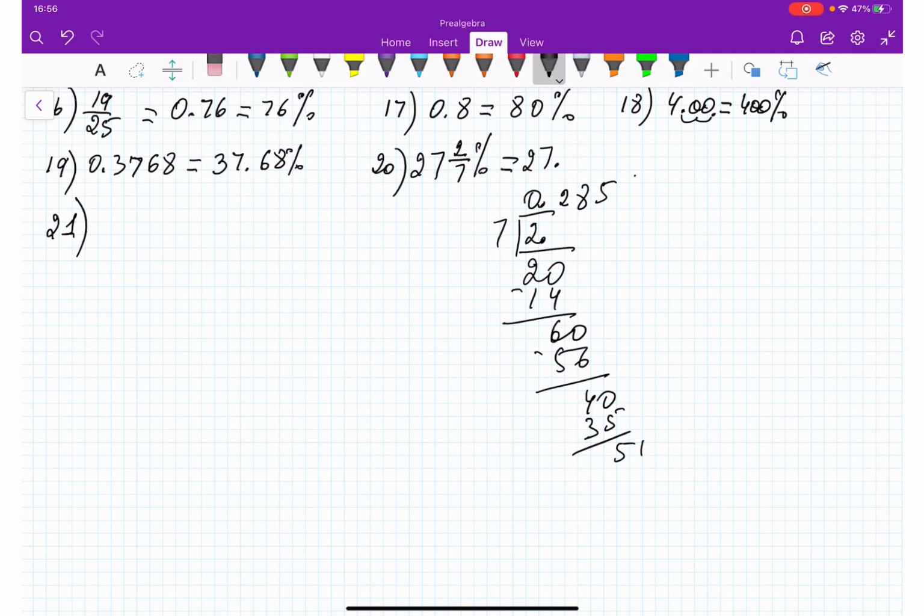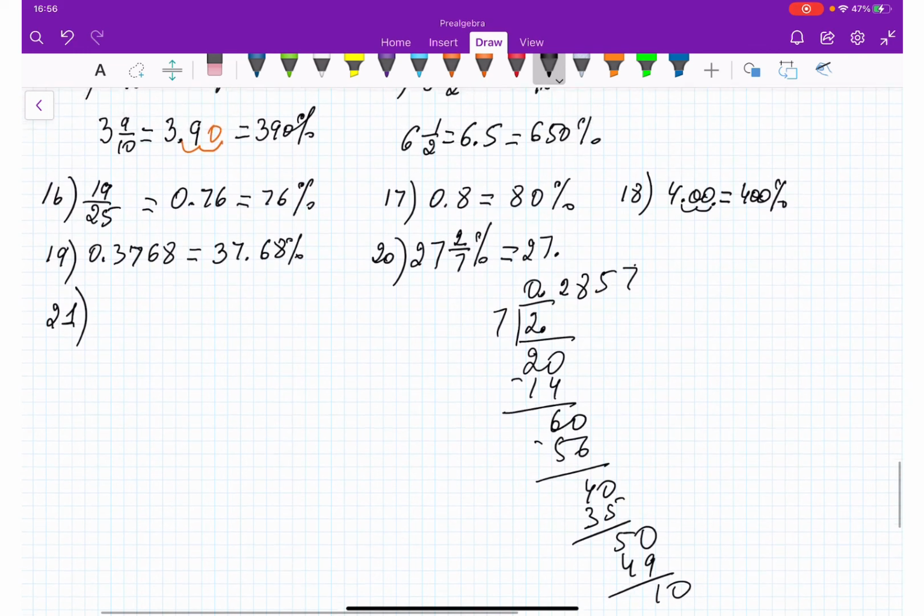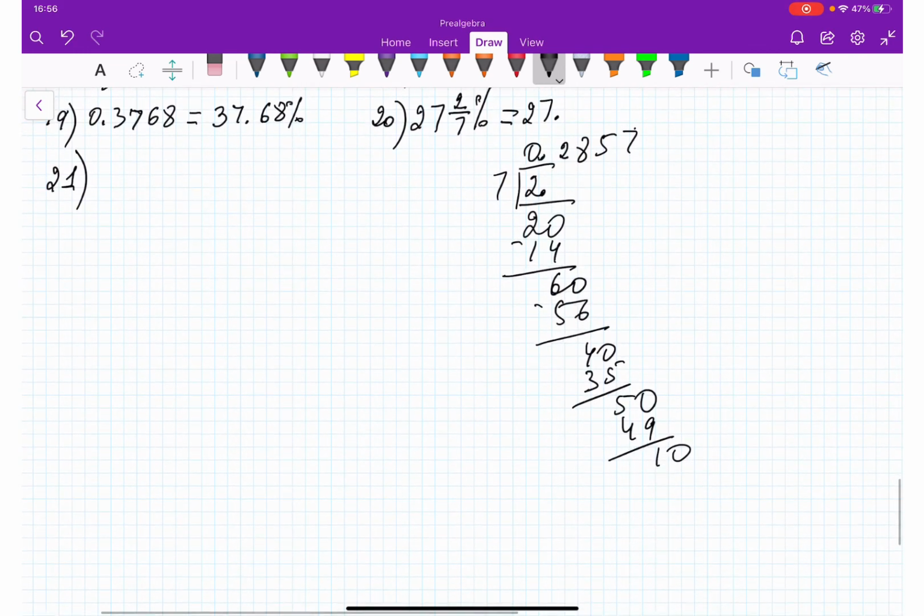And then 50, it's going to be 7 times 49. 10 by 7, it's going to be 1, 7. Okay, 30 by 7, it's going to be 4 times, and enough. 1, 2, 3, 4, 5, 6.